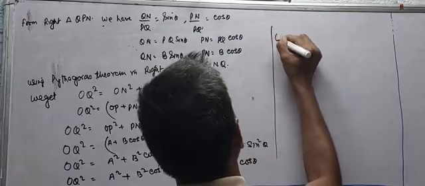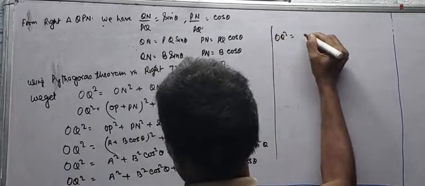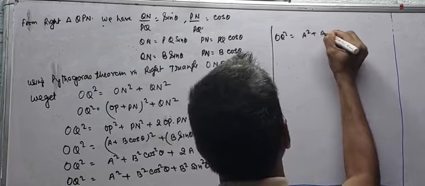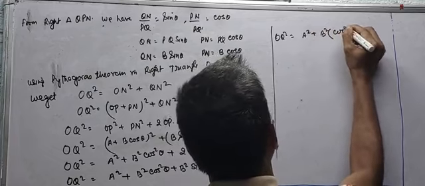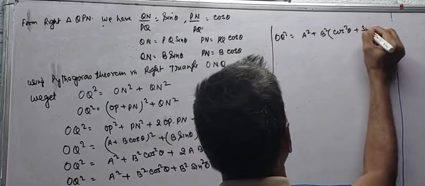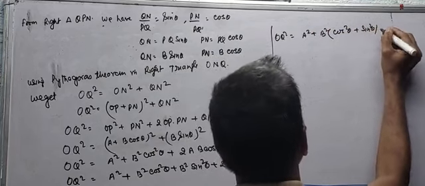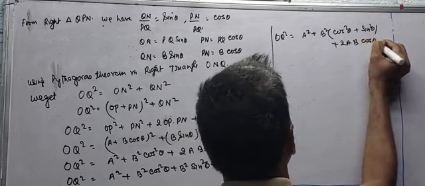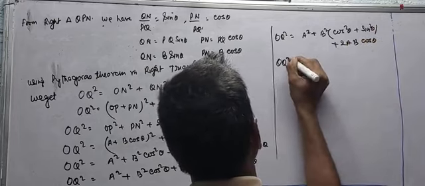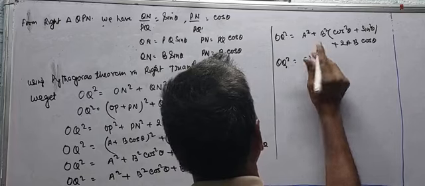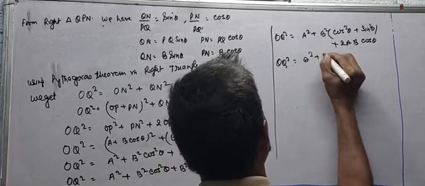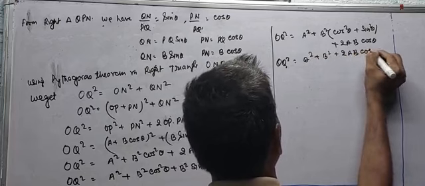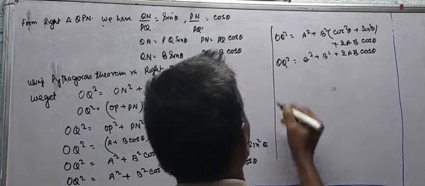Here OQ square becomes A square plus B square (cos square theta plus sin square theta) plus 2AB cos theta, means OQ square equal to A square plus B square plus 2AB cos theta.